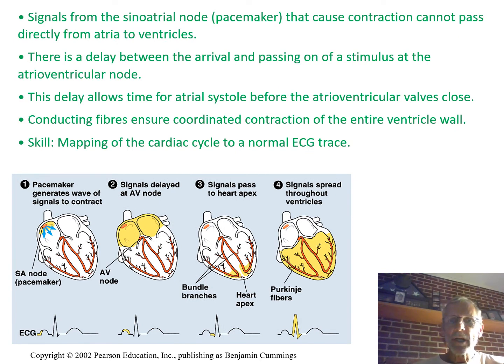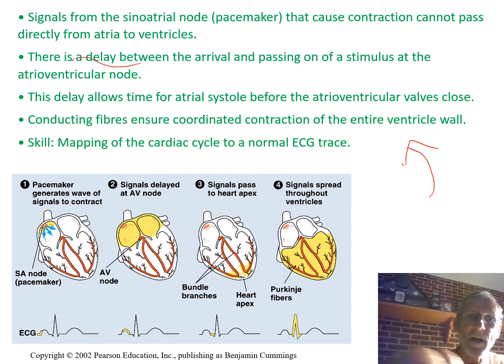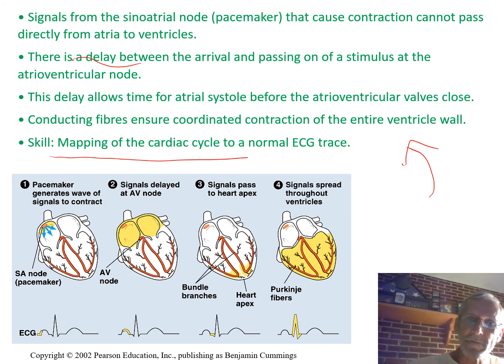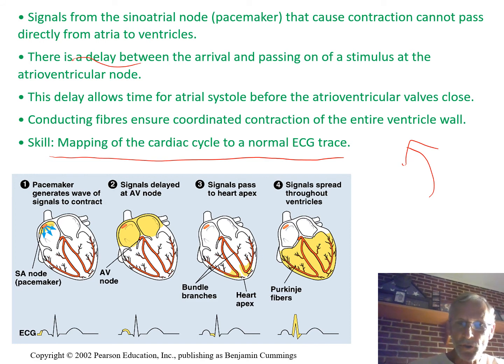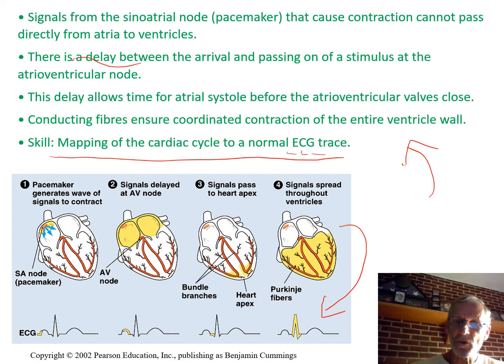Okay, so here you have a whole bunch of stuff, and I already talked about this, the delay between atrial contraction and ventricular. This is all green stuff, so I'm not going to go over it too much. What they would ask you to do if it was not 2020 is to take the parts of the heartbeat, which they said 1, 2, 3, 4 here, and match them up with that thing called an electrocardiogram, which is tracing the electrical activity of the heart.